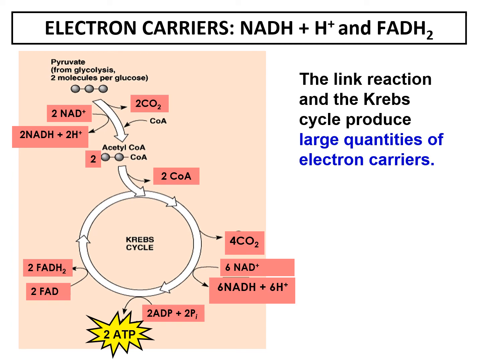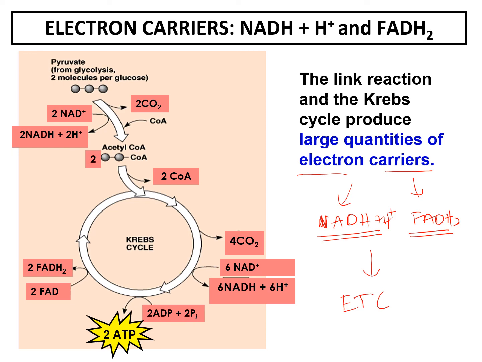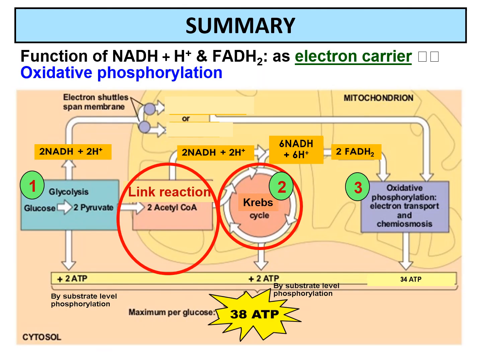The link reaction and the Krebs cycle produce large quantities of electron carriers, the NADH and FADH2. So these molecules will move from the Krebs cycle and link reaction to the ETC, electron transport chain, and chemiosmosis, oxidative phosphorylation.